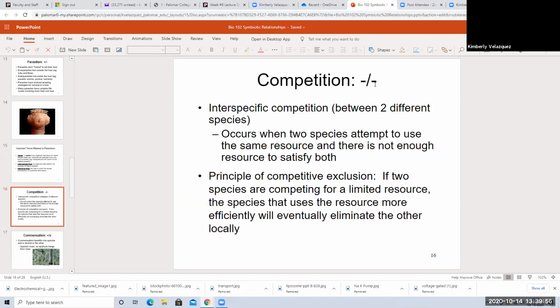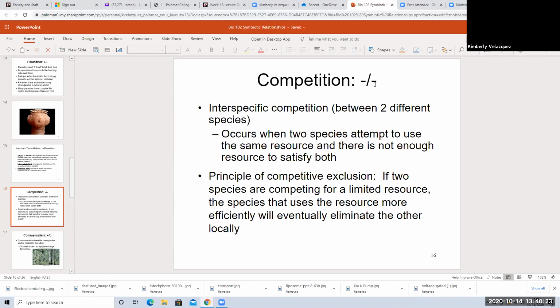And again, in symbiotic relationships, since we're usually talking about two different species, this occurs when two species are trying to use the same resource. So shelter, food, water, soil nutrients. So that's called interspecific competition, meaning between two different species. Inter means across.